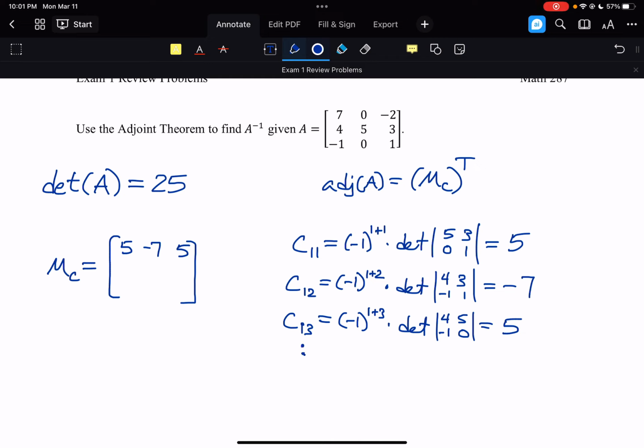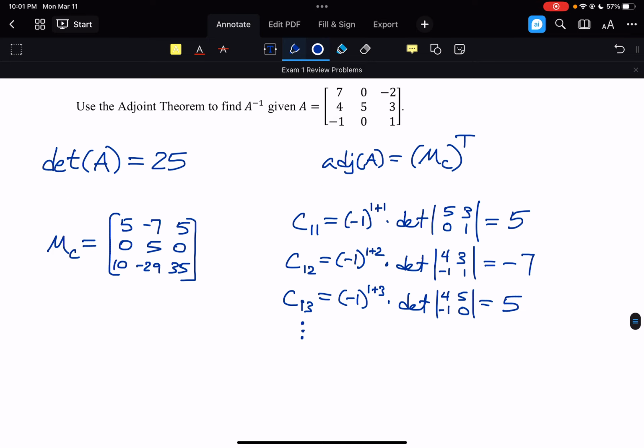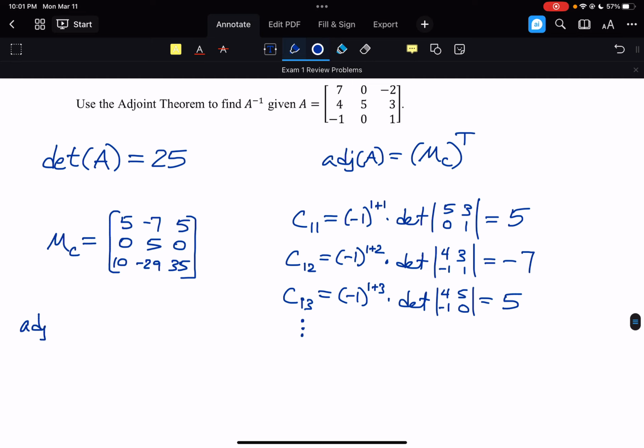And if we were to continue on in this process for the other 2 rows, the values we would get are 0, 5, 0, and 10, -29, and 35. So this would be the matrix of cofactors. The adjoint of A is the transpose of this matrix. So we're going to interchange the rows and columns of the matrix.